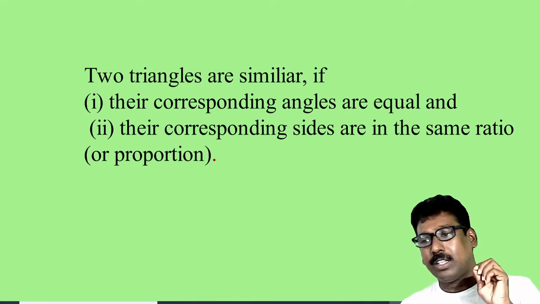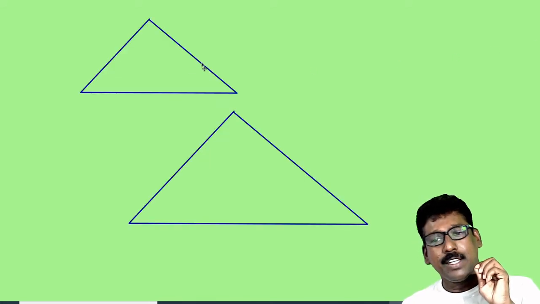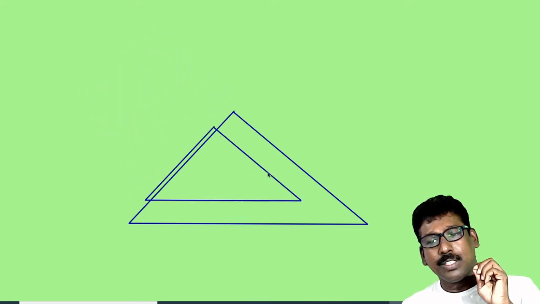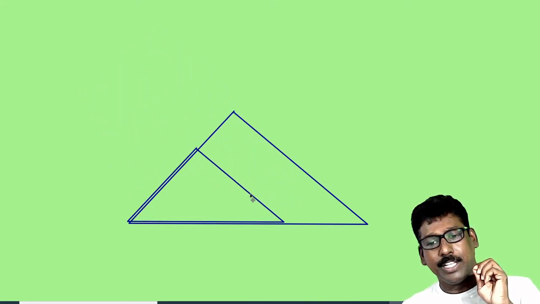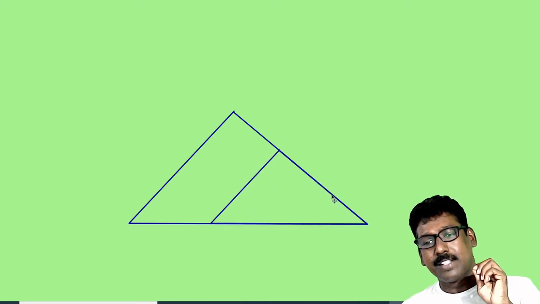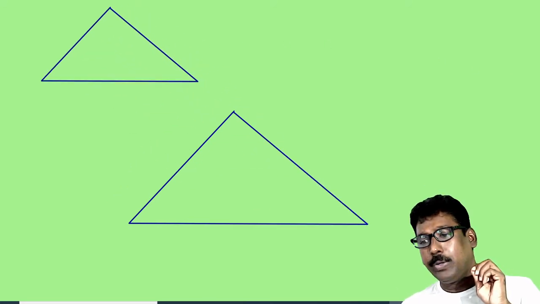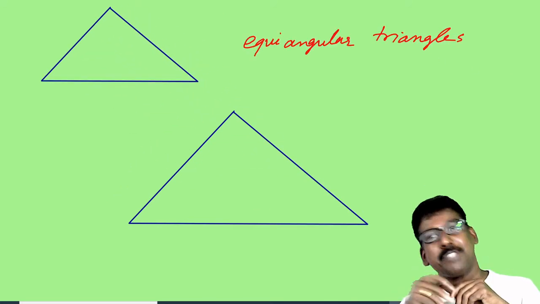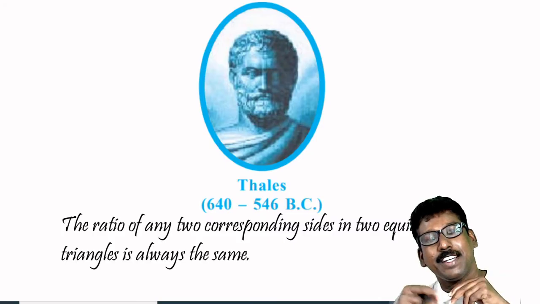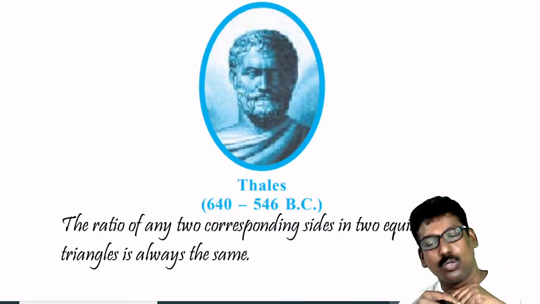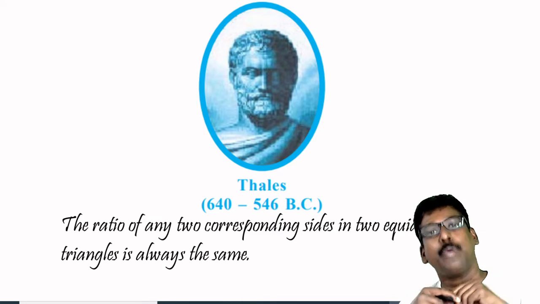Now let us look at the two triangles here. The corresponding angles are equal. Then these triangles can be called equiangular triangles. The famous mathematician Thales gave an important truth relating to the equiangular triangles.